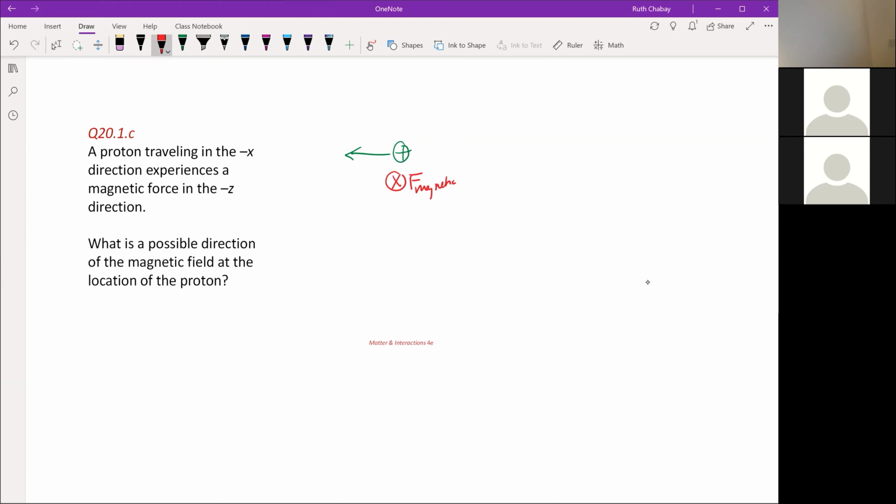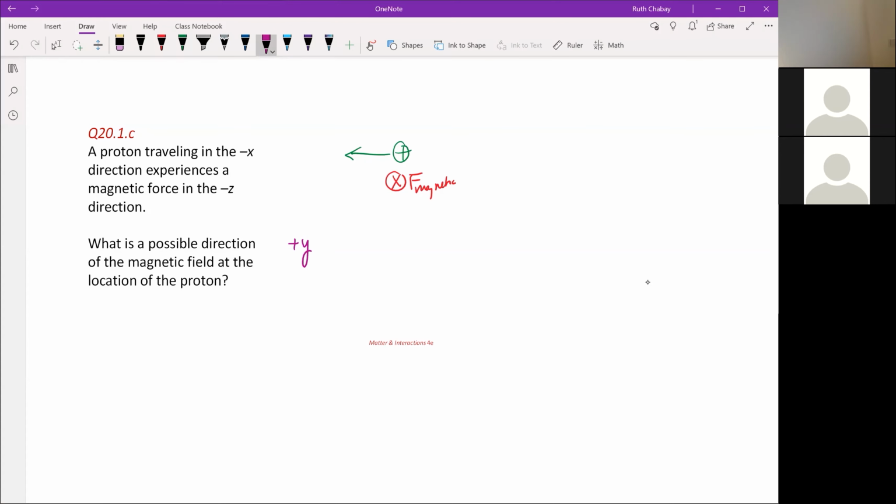So the question is, if we point our fingers in the minus x direction, and then we turn our hands so that our thumb points into the page in the negative z direction, it seems like we would have curled our fingers toward the plus y direction. So presumably we'd get plus y.